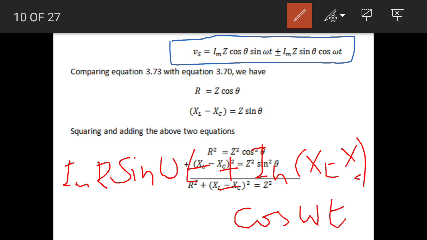So we can find out the source voltage with the help of this particular equation as well.